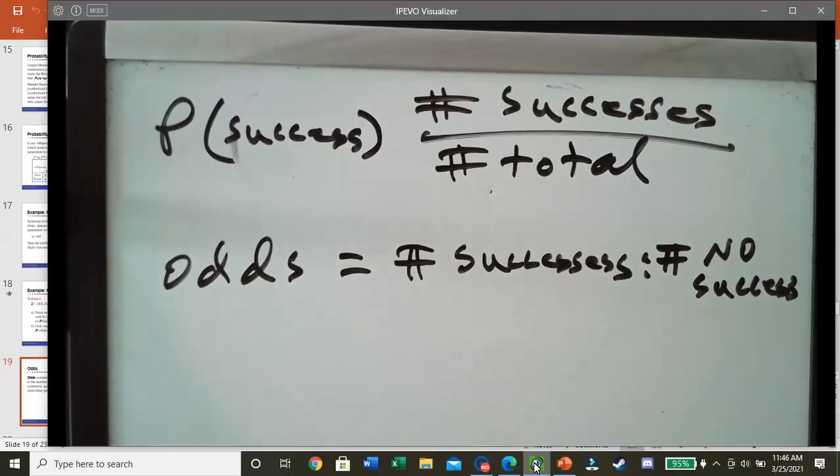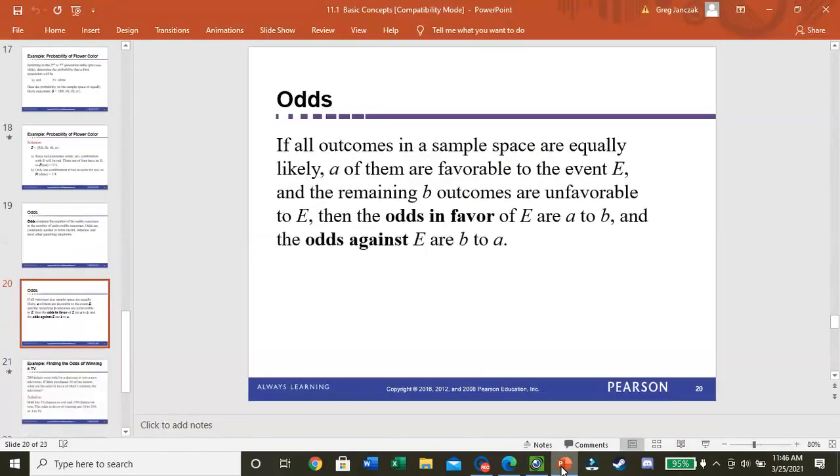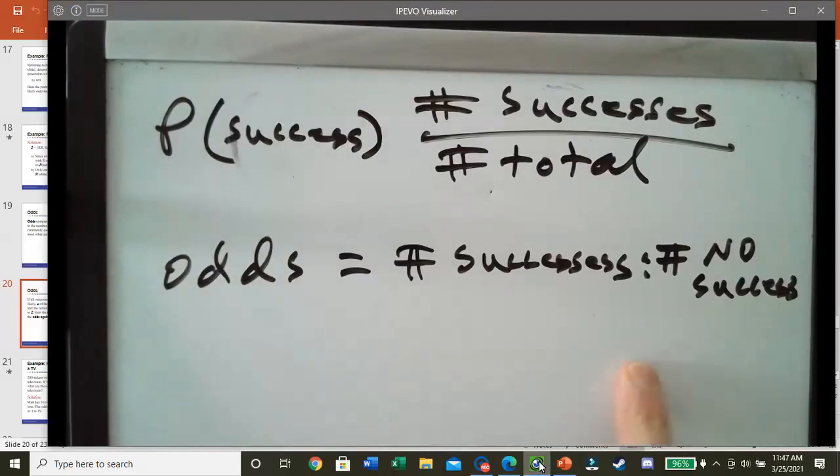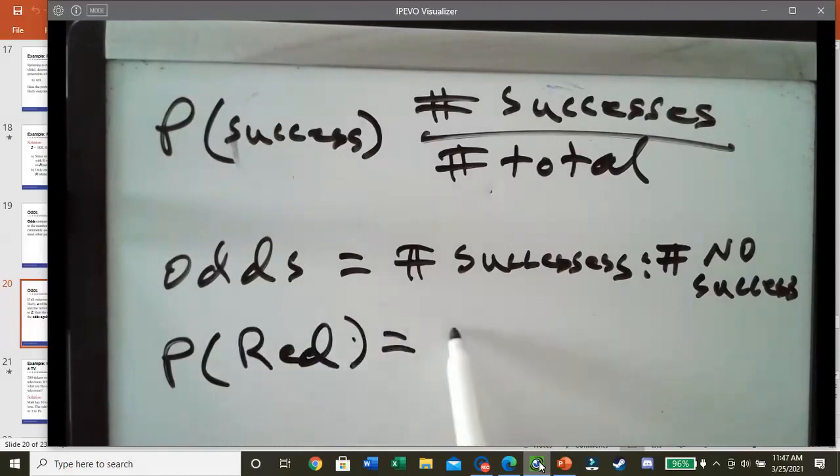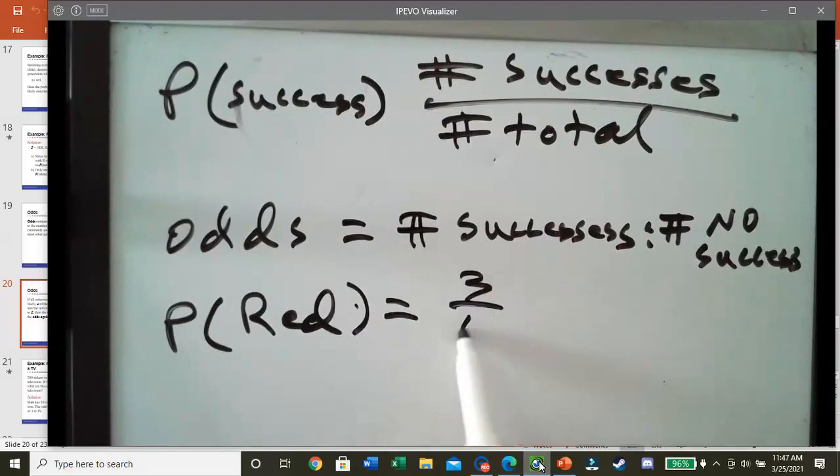So, all right. Odds of the outcomes in a sample space are equally likely. A of them are favorable, and the remaining B outcomes are unfavorable. So, for example, we said the probability of a red plant was 3 over 4, right?